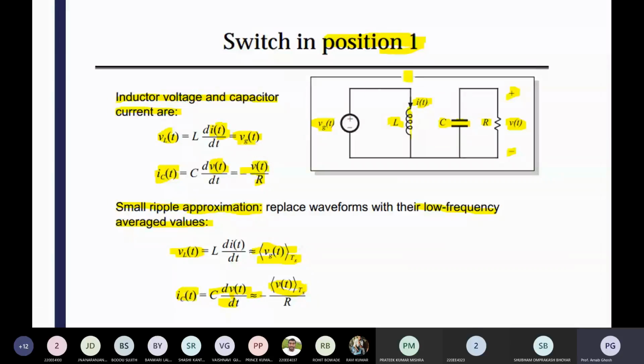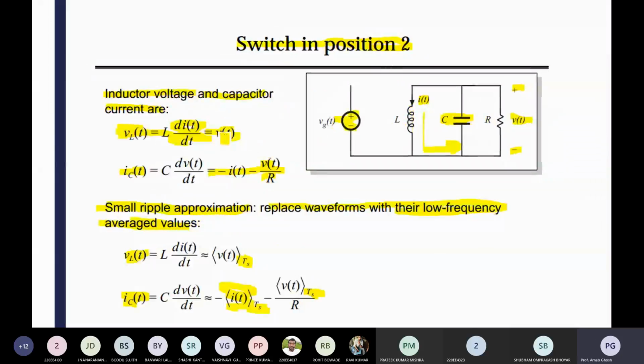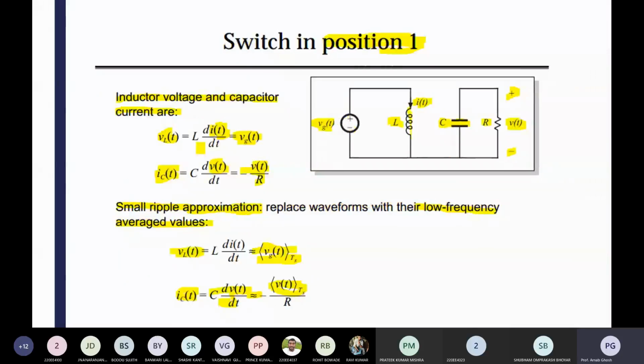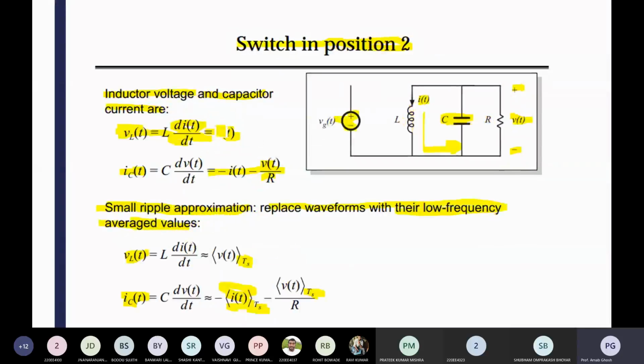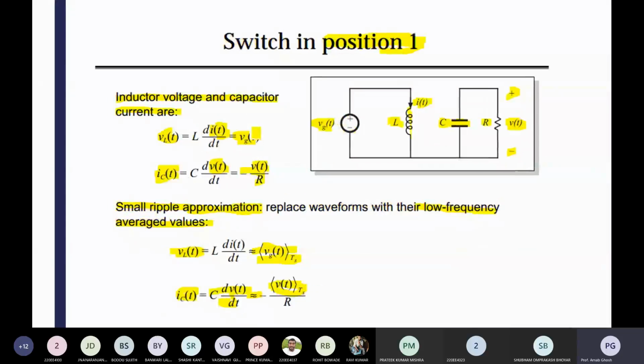For the on state, when the switch is on, it is Vg by L, and when the switch is off, it comes as Vt by L. So first it is the charging slope, the charging current of your inductor, and then the discharging current of your inductor. The discharging current slope is output voltage by inductor, and the slope of the charging current of the inductor is input voltage by inductor.